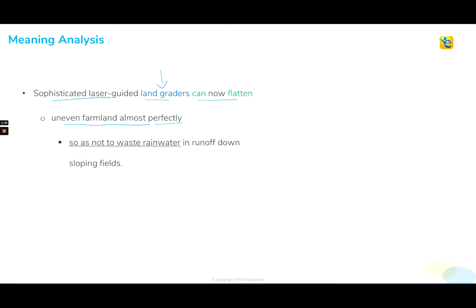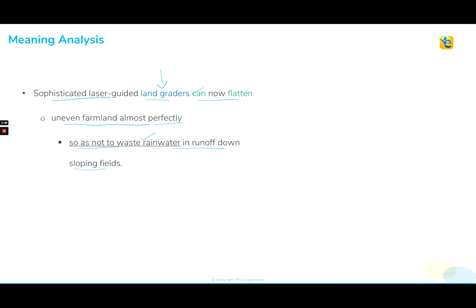Reading the last bit of the sentence, so as not to waste rainwater in runoff down sloping fields. Okay. So we understand that land graders can flatten the uneven farmland in order to save the rainwater that gets wasted in runoff down the sloping fields.